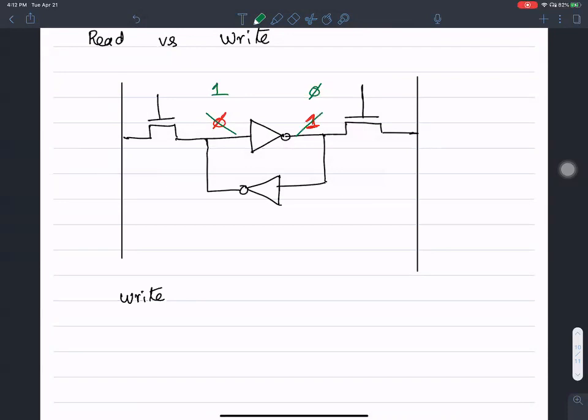When it comes to the write operation, the fundamental difference compared to a read operation is that you pre-charge the bit node to 1, and you put a value of 0 and drive it.